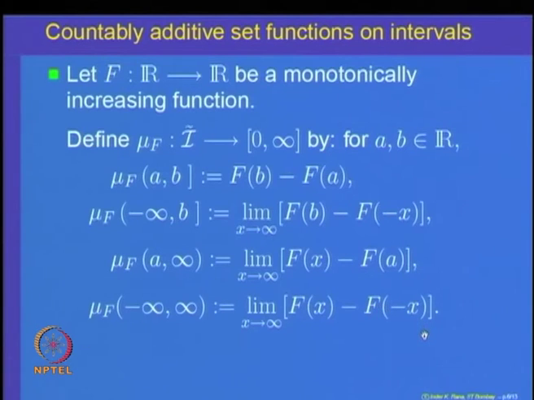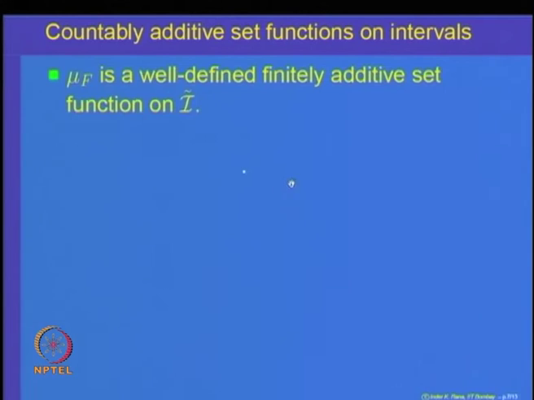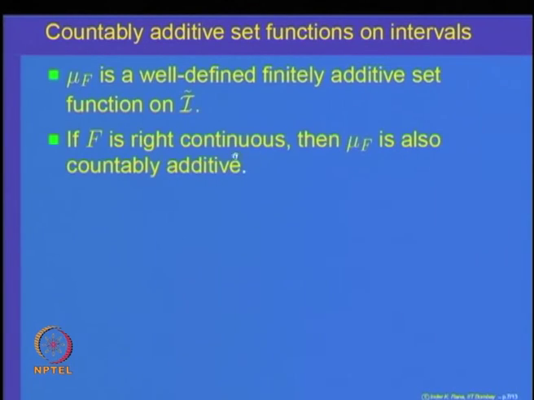We leave it as an exercise, and if you feel it is too tough an exercise, let us assume this and go ahead. So, mu f is a finitely additive set function, and if f is right continuous, one proves that mu f is also countably additive.